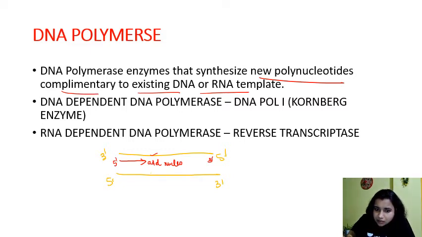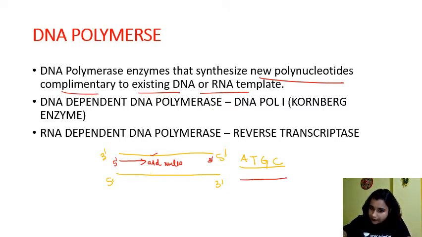Suppose this is A, T, G, C. If this strand is getting copied, the complementary strand will be synthesized. For making the complementary strand, DNA polymerase will come and make A, T, A, C, G. This addition of nucleotides is done with the help of DNA polymerase.